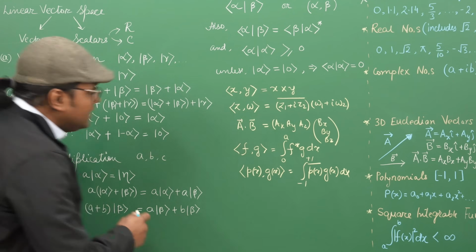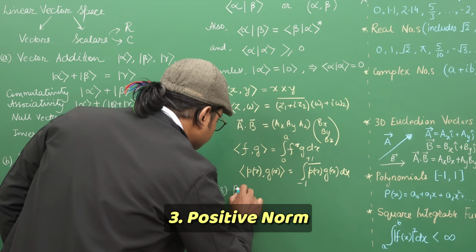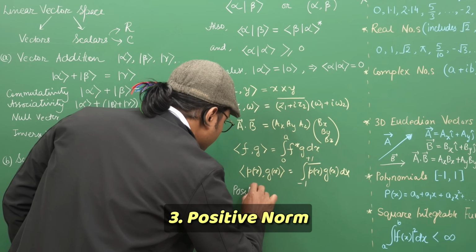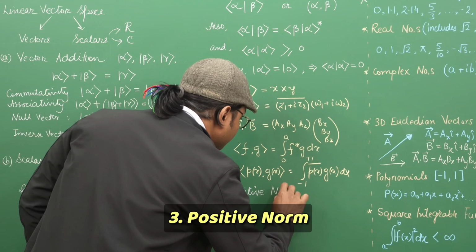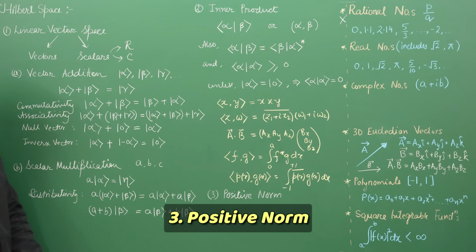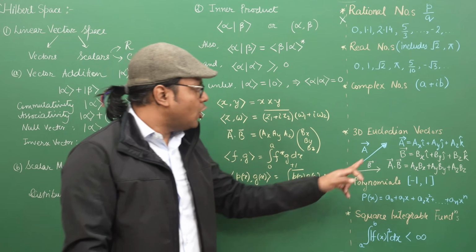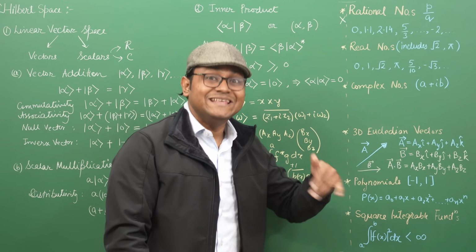Hilbert spaces need to have a positive norm. What does it mean to have a positive norm? Well, when we talk about the dot product of Euclidean vectors, we can always find the dot product of a vector with itself.